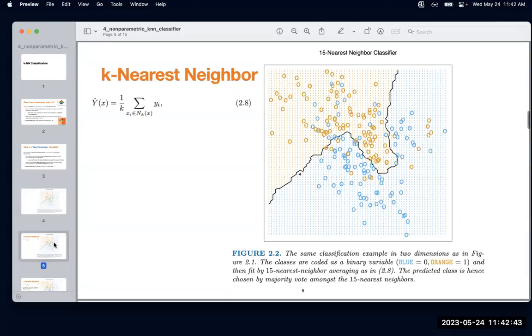So how do we define mathematically a K nearest neighbor? One way to think about it is just by following that equation here. As we have done before, we are estimating a score. I'm going to call that score our y hat.